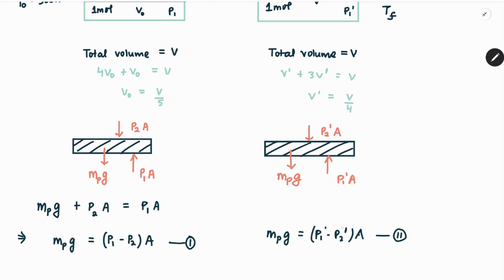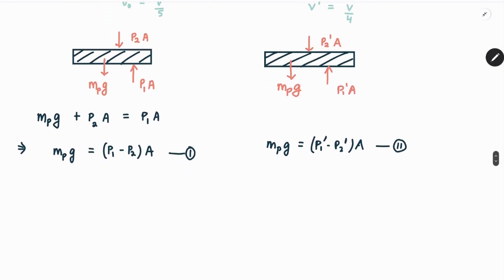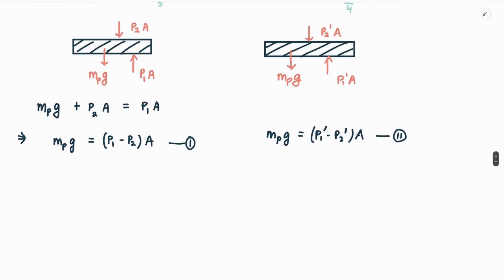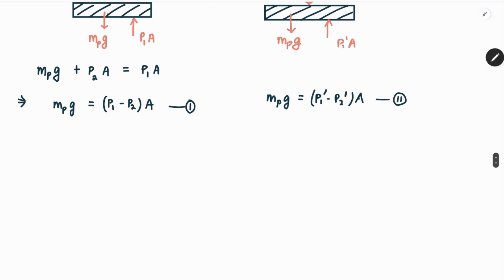What is going to change is P1 dash and P2 dash. Because the mass of the piston is the same in both cases, we can write P1 minus P2 is equal to P1 dash minus P2 dash.